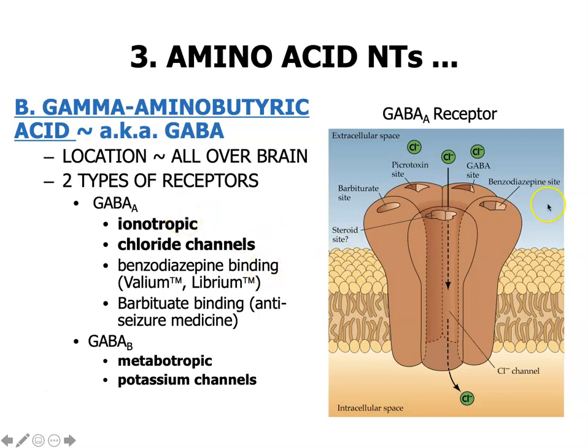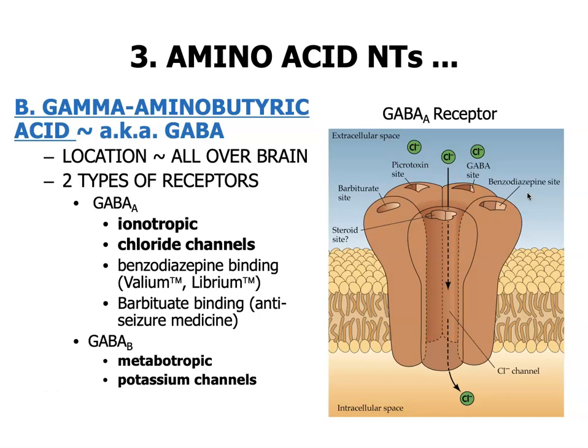There are binding sites on these GABA receptors for things like benzodiazepine compounds, so Valium and Librium, barbiturate binding sites that are utilized to reduce the number of seizures.